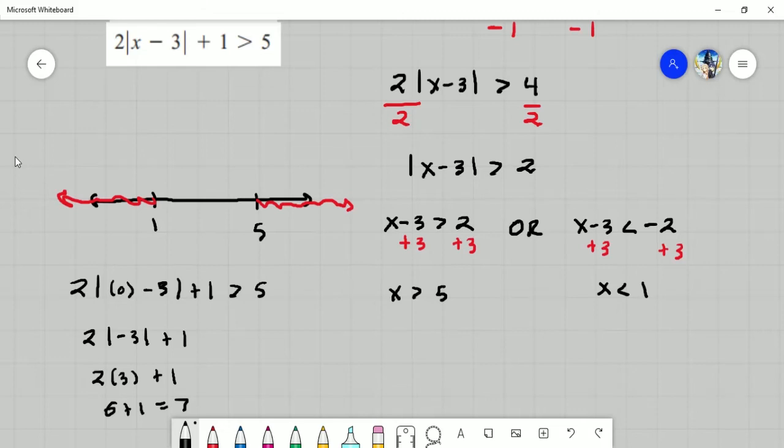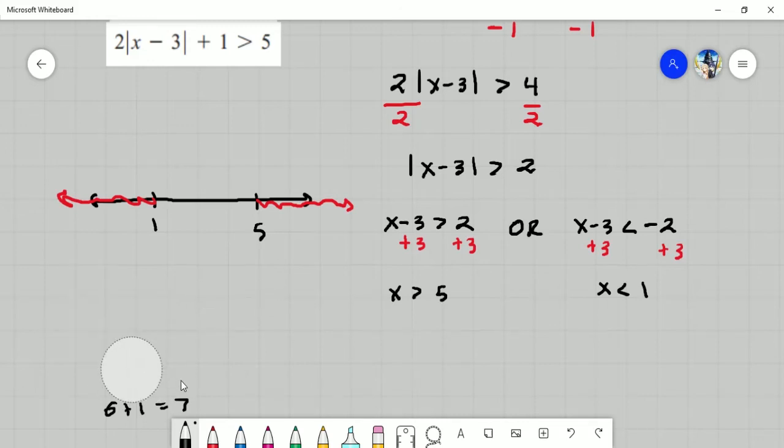So now value greater than 5. Let's use 6. So I'm going to just go ahead and talk it out while I'm erasing this here. 6 minus 3 is 3. Absolute value bar of 3 is a positive 3. 2 times 3 is 6. 6 plus 1, again, that's 7.